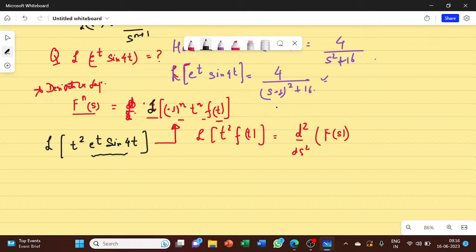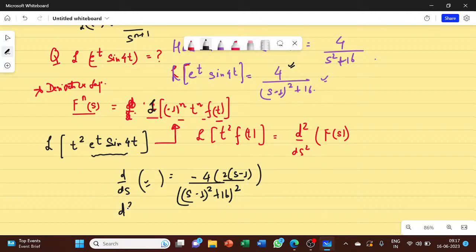The first derivative, d by ds of this entire thing, would be minus of 4 upon (s minus 1) whole square plus 16, whole square, into 2 times (s minus 1), and then again take the derivative of the same.